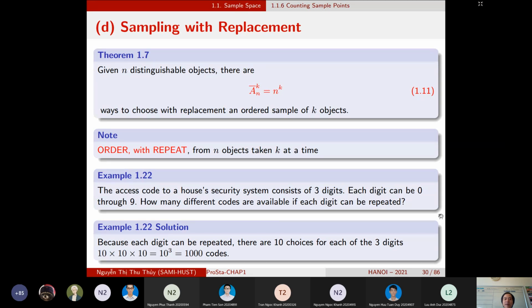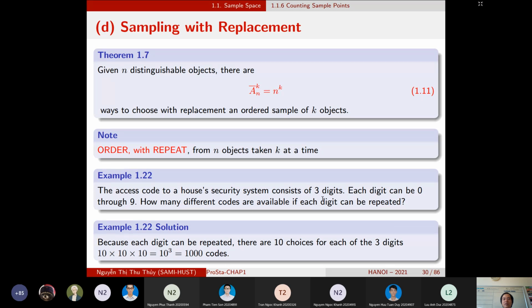So there are many ways. It's 1,000 codes available. If you don't feel it is safe enough, we can set up a 4-digit code, for example. How many codes are there if we set up a 4-digit code?